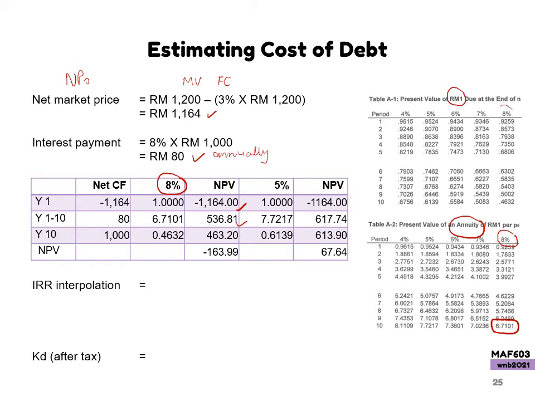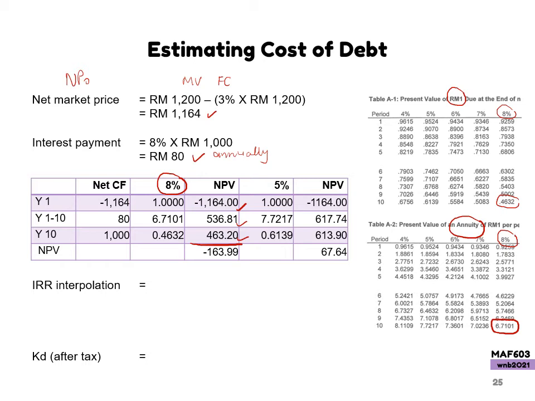Jadinya, 8% pada tahun yang ke-10. Discount rate dia adalah 0.4632. So, I darabkan dengan 1000. I dapat kat sini RM463.20. Dan I tambahkan semua ni, I dapat NPV sebanyak negatif RM163.99.